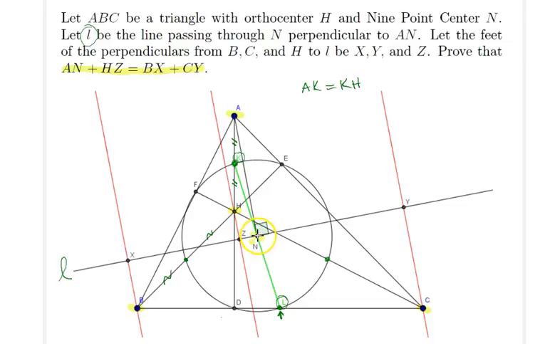I already know the location of N, and you can easily draw the perpendicular line here, and then you go ahead and start dropping perpendiculars from point B, from point C here, and from point H. So that tiny right angle here. All these newly defined points, X, Y, and Z, are the feet of those projections, if you will, from the points B, H, C to our line.